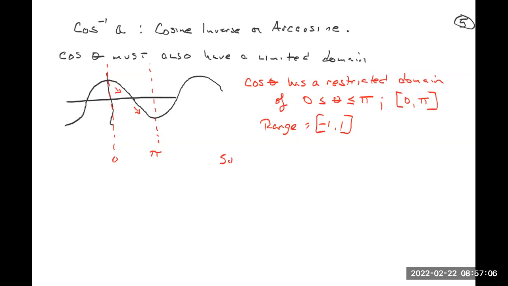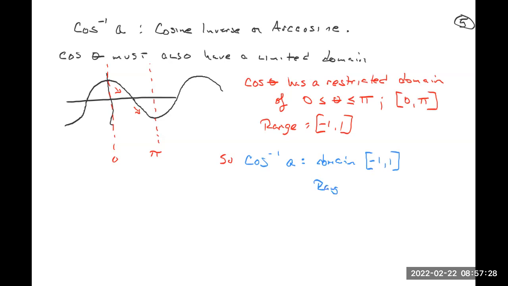So arc cosine of alpha has a domain of negative 1 to 1. We can put any value in between negative 1 and 1.